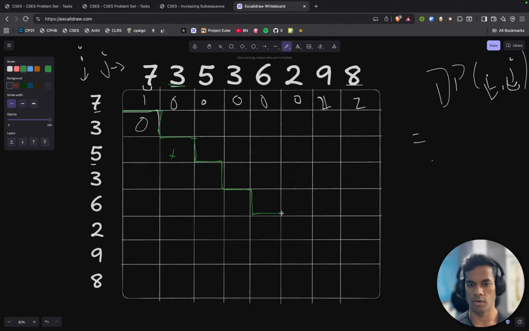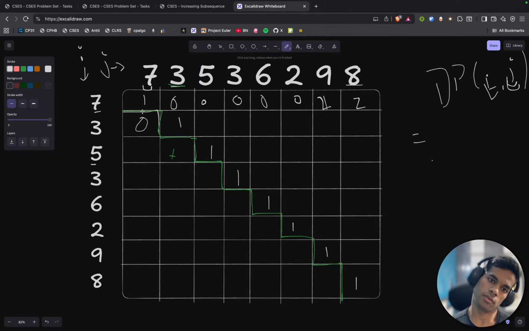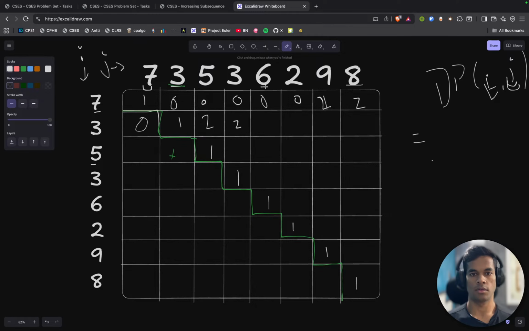So all the things below this green line are not possible, and this diagonal would only have 1, 2, with this 3, 2, with this 6, 2, 0, 2, and 2.